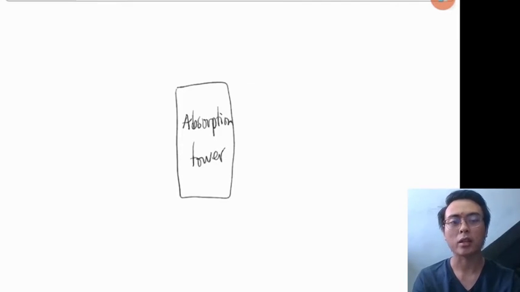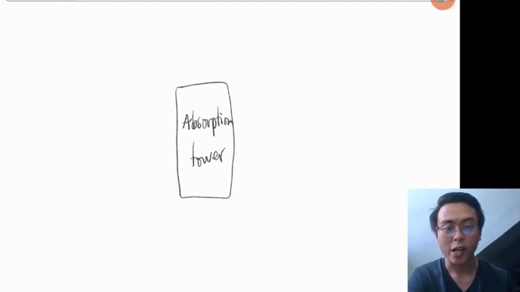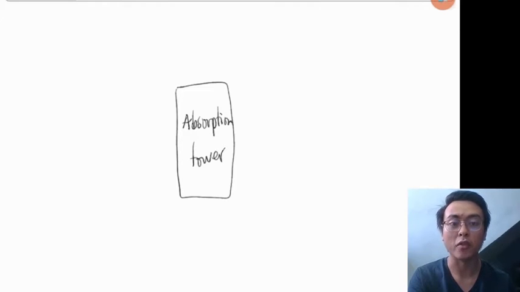Keep in mind that those two streams will be in contact with each other, but they will not mix because they are two separate phases, one liquid, one gas. For clarity, we shall illustrate the two phases in two different directions. The liquid phase will come from the top to the bottom, and the gas phase will come from the bottom to the top.